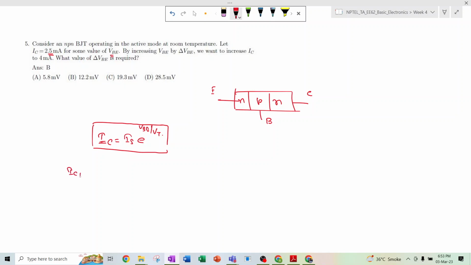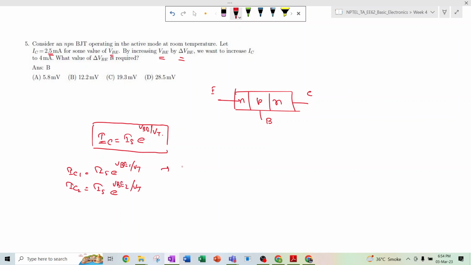So IC1 is IS e to the power VB1 by VT, and IC2 is, if we increase VB by delta VB, IS e to the power VB2 divided by VT.